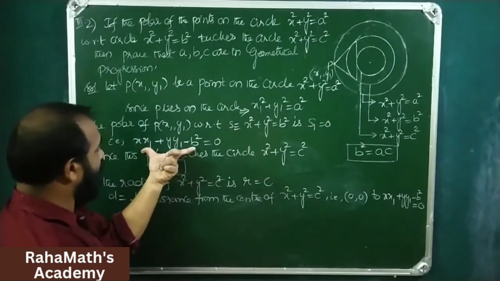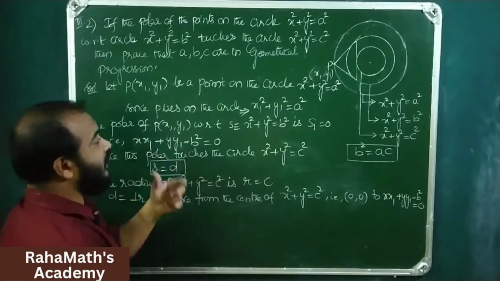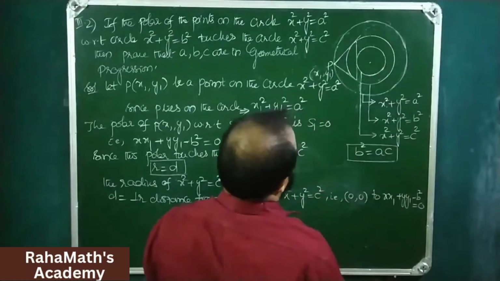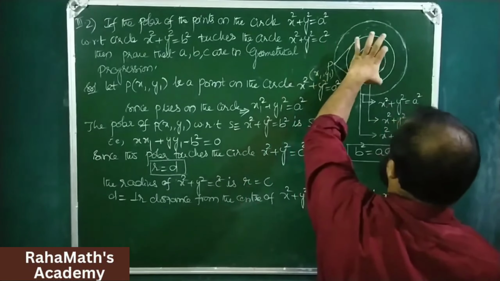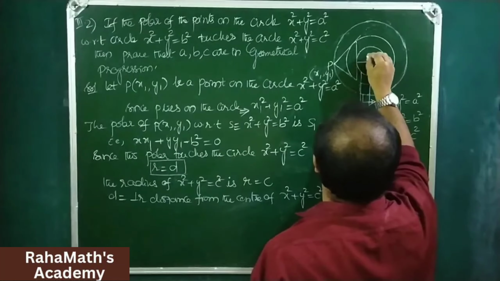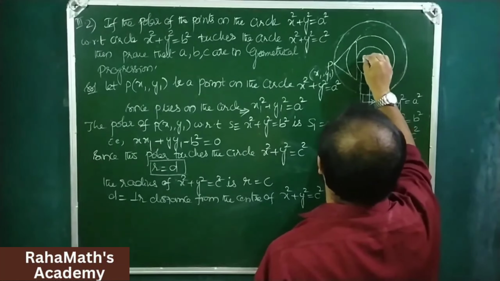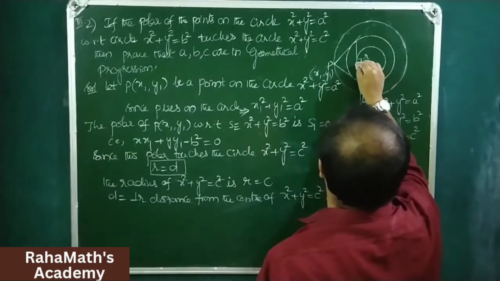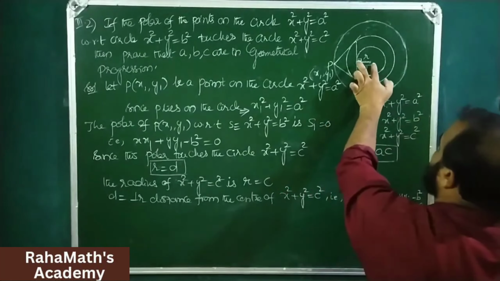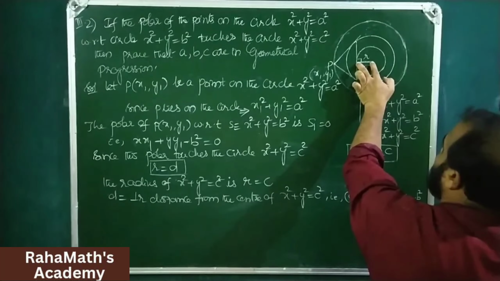So this is the polar. I got the polar as a straight line. This straight line touches the innermost circle. So whenever a line touches the circle, this is the condition: R equals D. So this is D. So R is the radius of the innermost circle.